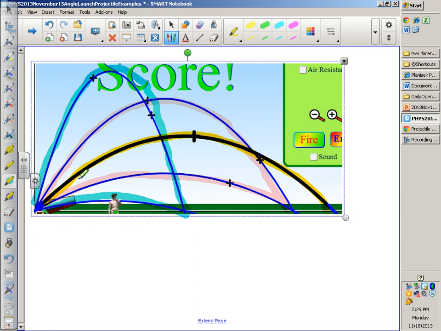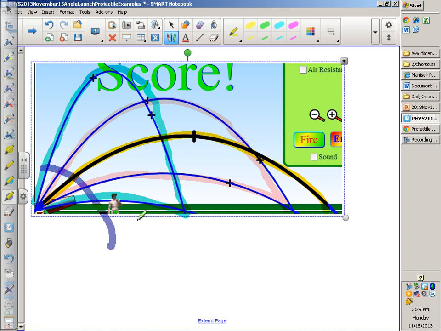Okay? But the maximum range will come if we shoot this projectile at an angle of 45 degrees. Keeping in mind, all of the initial velocities here were exactly the same. We just shot them at different angles.